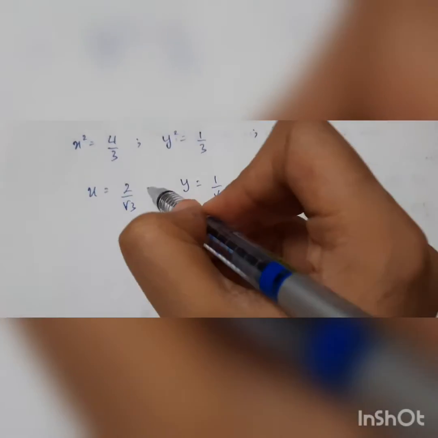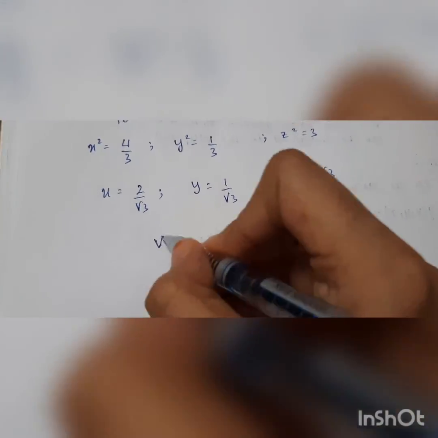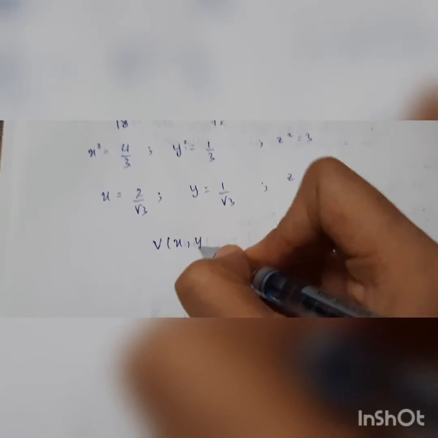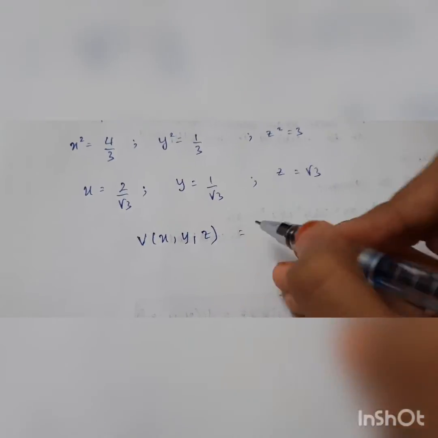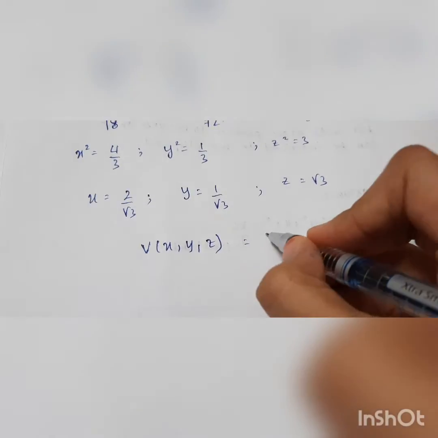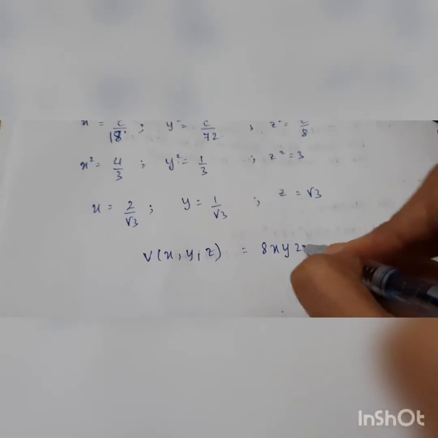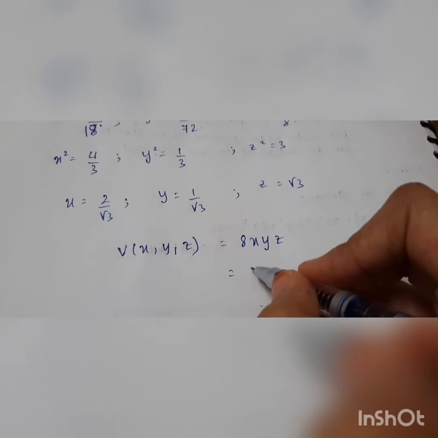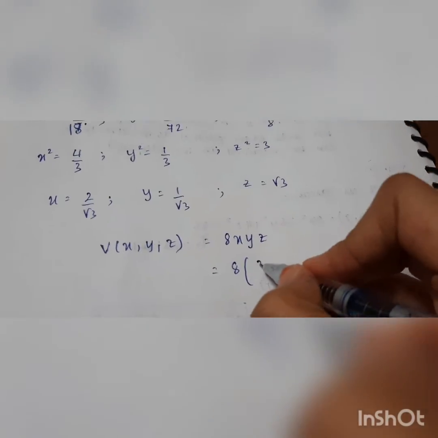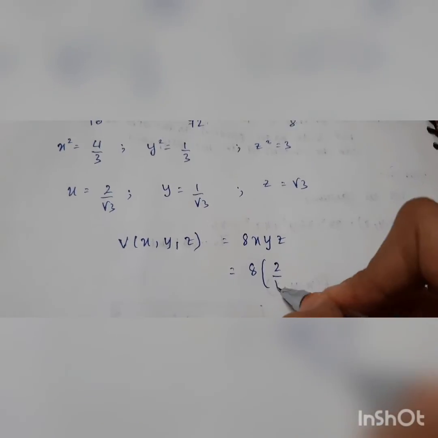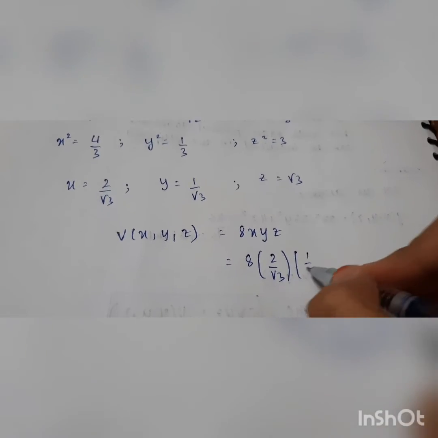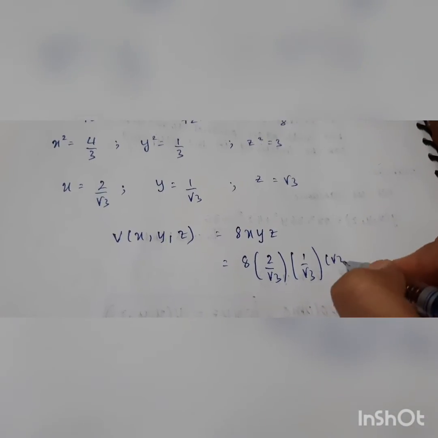As we know the xyz values, now we'll substitute that in the volume equation V of x, y, z, which is 8xyz. So that would be equal to 8 into x value 2 by root 3, y value 1 by root 3 and z value root 3.